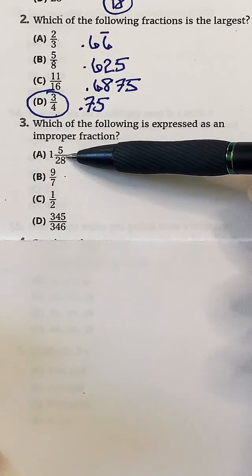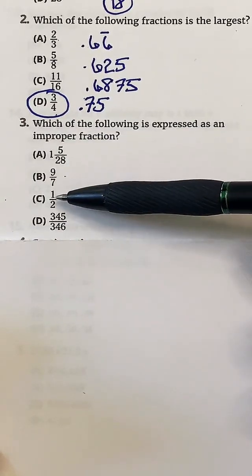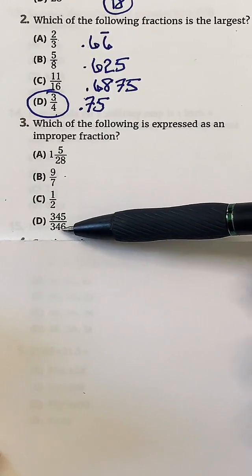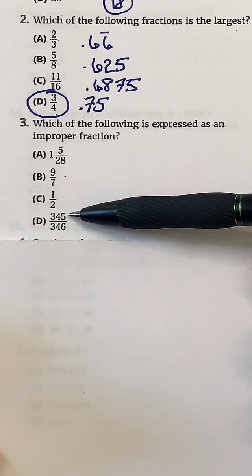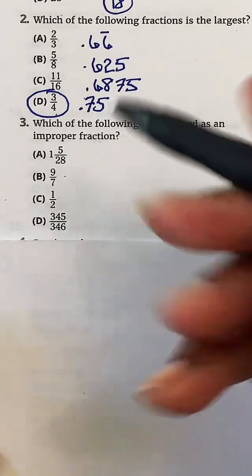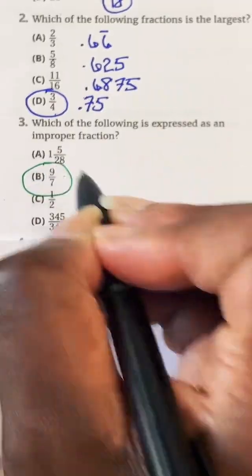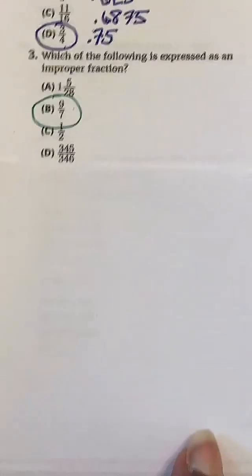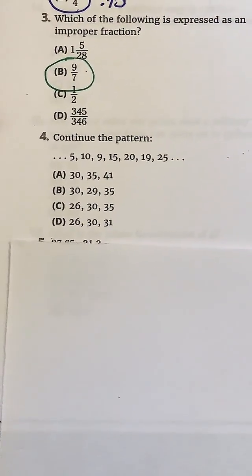So if you want to come back for that, you can. So notice here, even though there are larger numbers, look, this is 345, this is 346. This is still smaller than this. Only option we got is B. So they're testing to see, do you know that definition of an improper fraction?